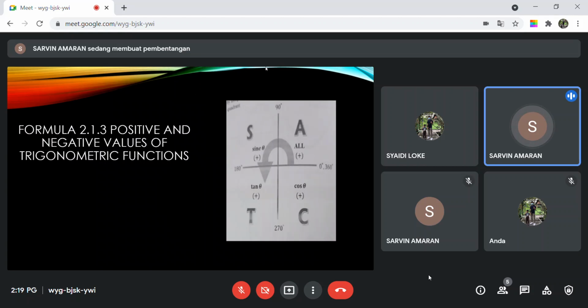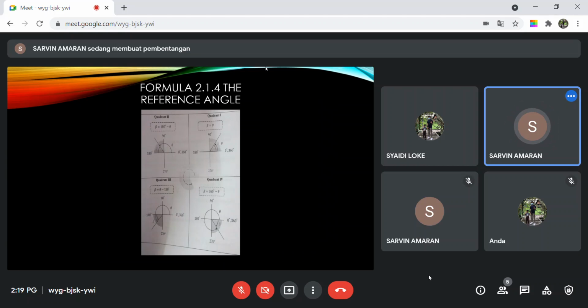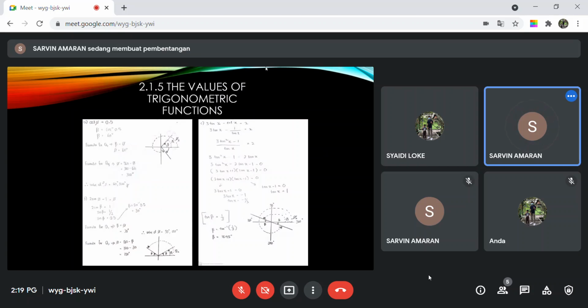And also I did explain 2.1.3, positive and negative values of trigonometric function. So you need to understand these two basics in order to do these questions, the value of the trigonometric function. So there are 4 steps. I'm gonna show you step by step how to solve these questions.